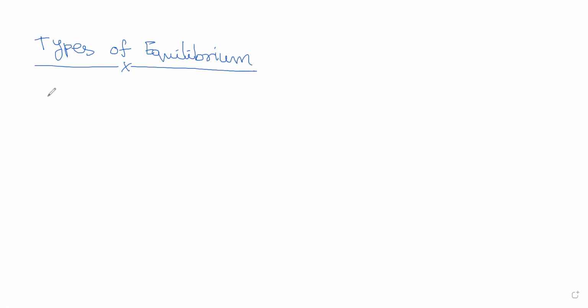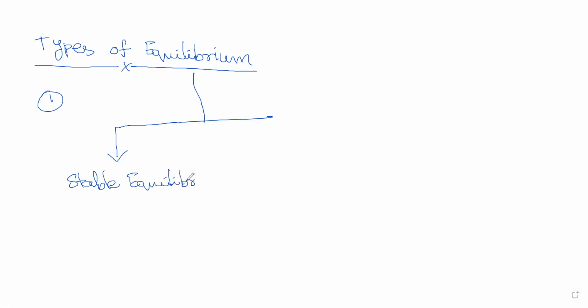There are three types of equilibrium you have. One is called stable equilibrium. Another is called unstable equilibrium.